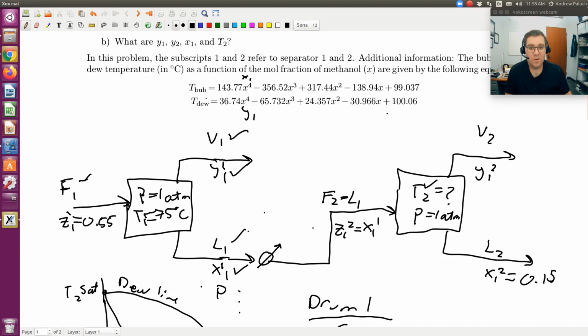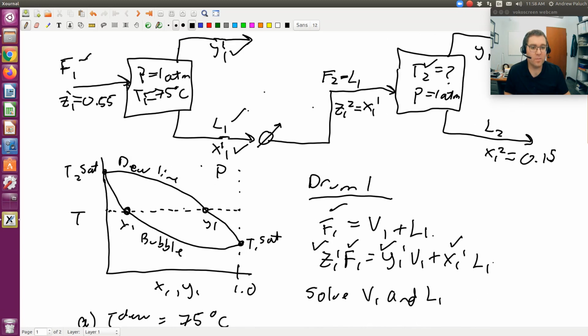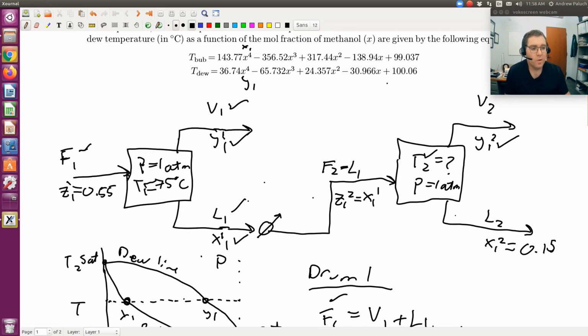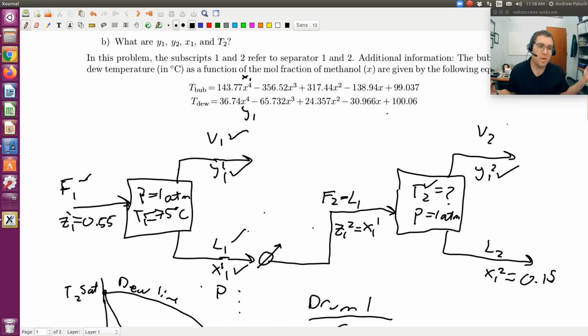Then I can set this expression equal to that temperature and solve for the composition, which in this case would give me Y. Bam. And then once I have Y, I don't know V2 and L2, but for drum 2 we'd have the same mole balance. I can write down a total mole balance and a component mole balance and solve for L2 and V2. Okay, great.